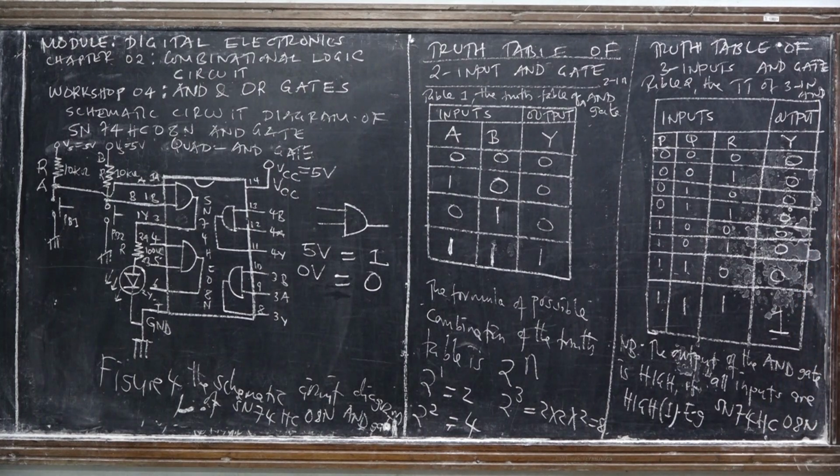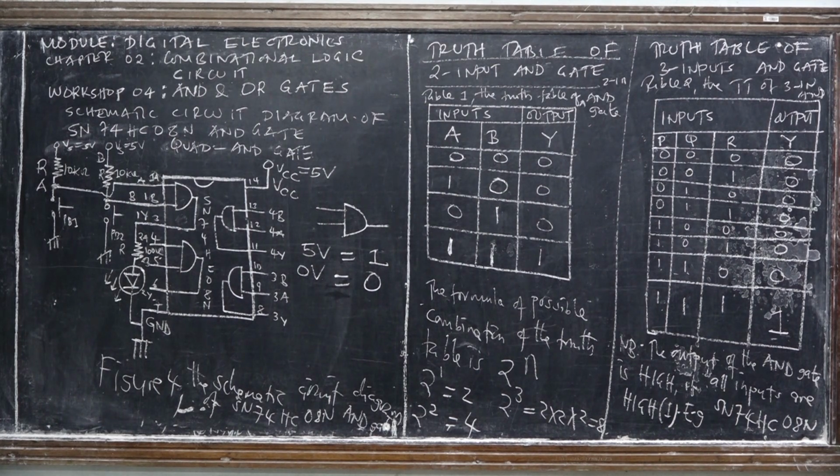Your homework: go and do the same, draw the schematic circuit diagram of the 3-input AND gate, and then write the principle of operation. Once you manage to do so, you have already understood the AND gate, theoretically and practically.